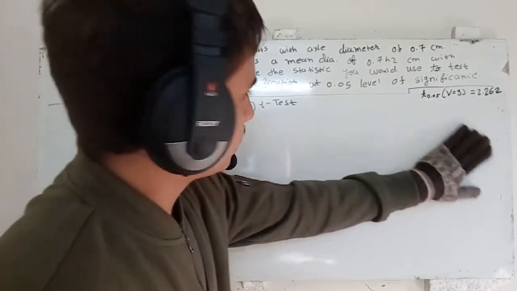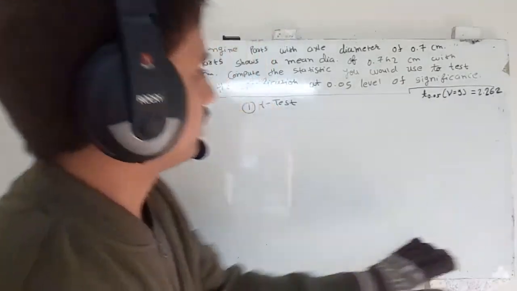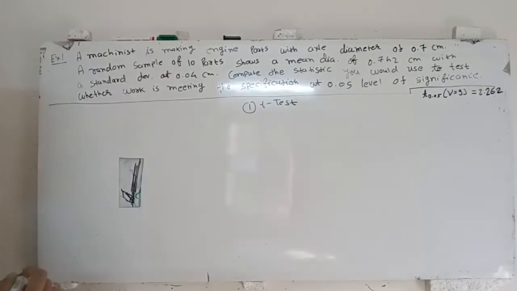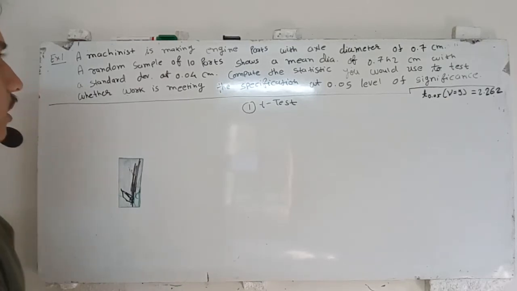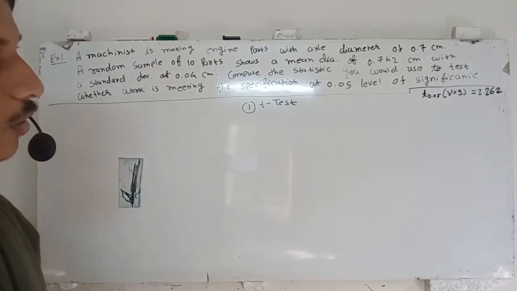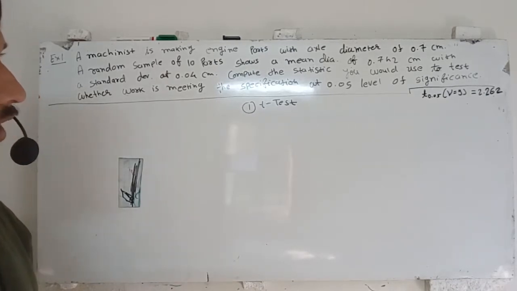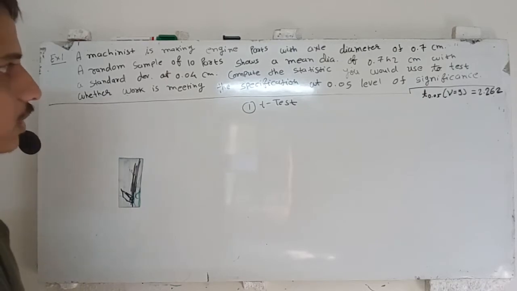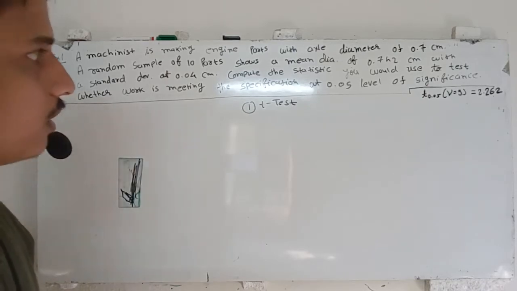Now to understand this test, let us consider this example. A machinist is making engine parts with axle diameter of 0.7 cm. A random sample of 10 parts shows a mean diameter of 0.742 cm with standard deviation of 0.04 cm.